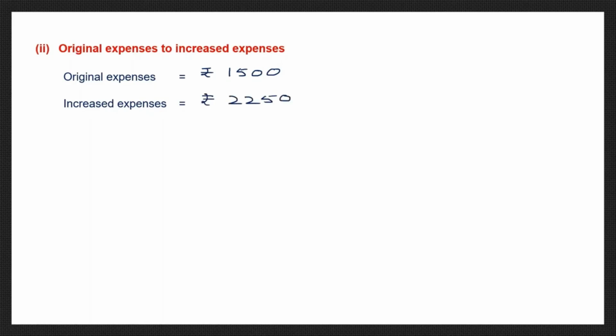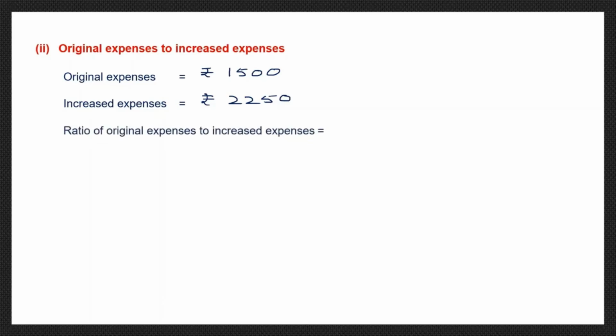Then we have to find the ratio of original expenses to the increased expenses. The original expense was rupees 1,500. Then his increased expenses from 1,500 became 2,250.